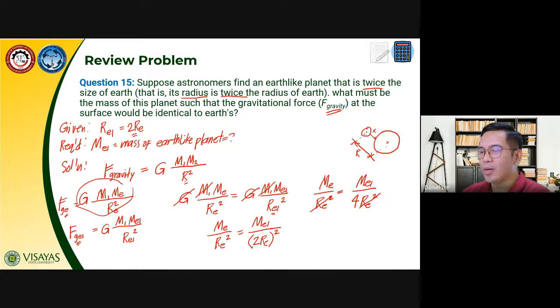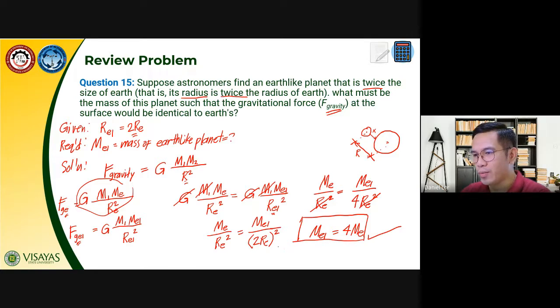As I said a while ago, even though the radius of the Earth is not given in the problem, we can just proceed with the solution. Multiplying both sides of the equation by 4, the mass of the Earth-like planet is just equal to 4 times the mass of the Earth. Put your final answer in a box and submit your solution to me.